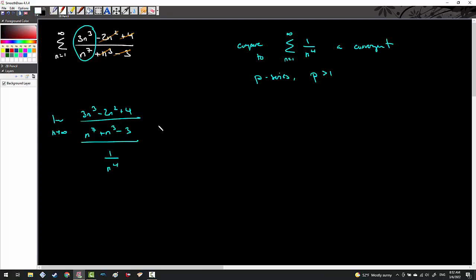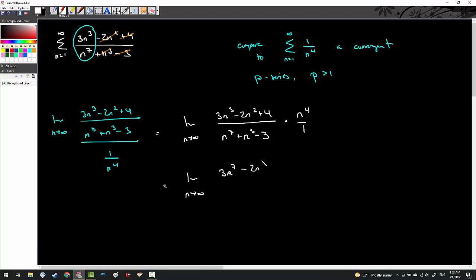What that gives me is the limit as n goes to infinity of (3n cubed minus 2n squared plus 4 over n to the 7th plus n cubed minus 3) times n to the 4th over 1. Moving that down, it's the limit as n goes to infinity of (3n to the 7th minus 2n to the 6th plus 4n to the 4th) over (n to the 7th plus n cubed minus 3). That gets me 3, which is positive and finite.